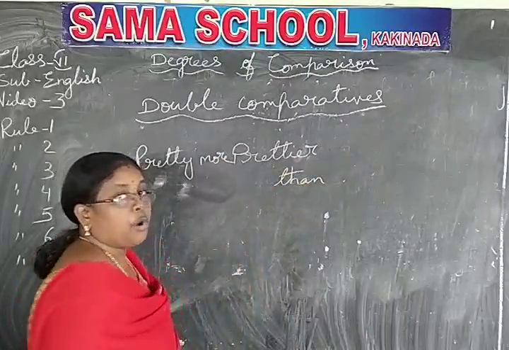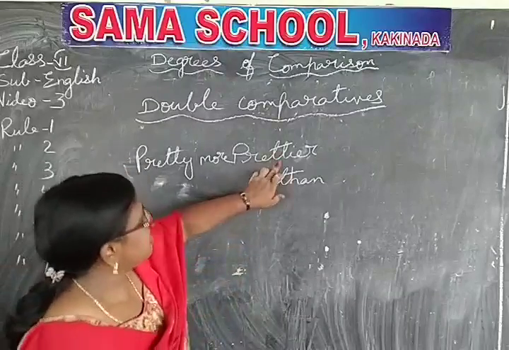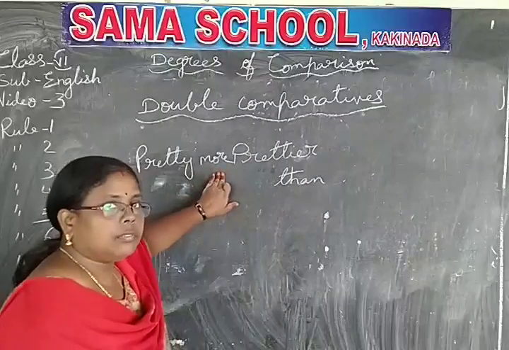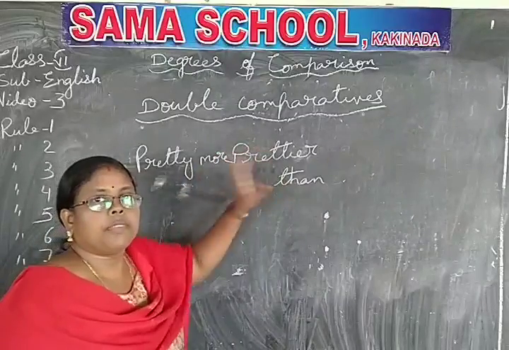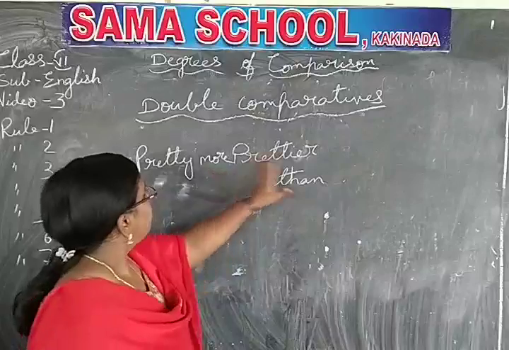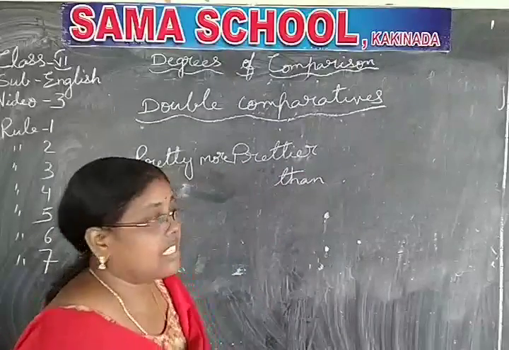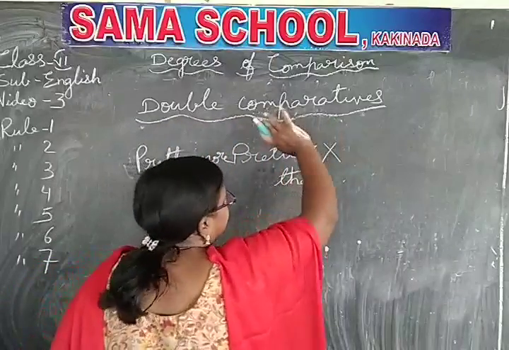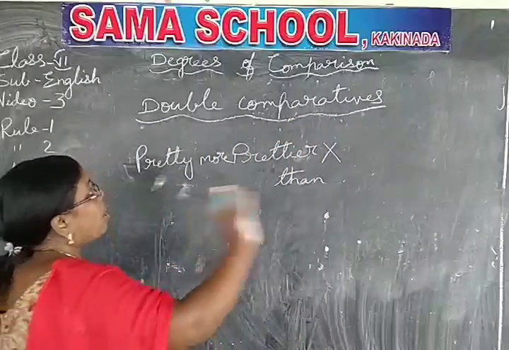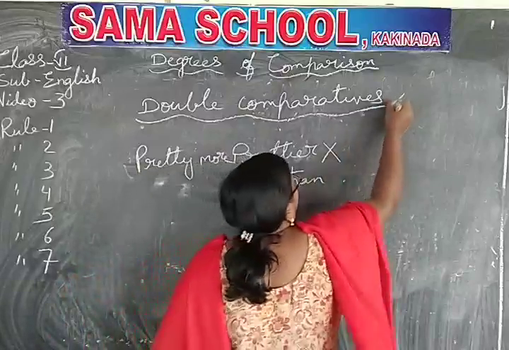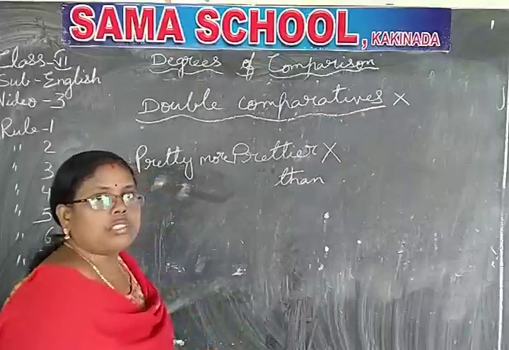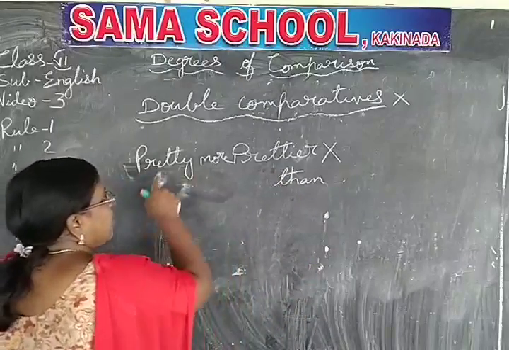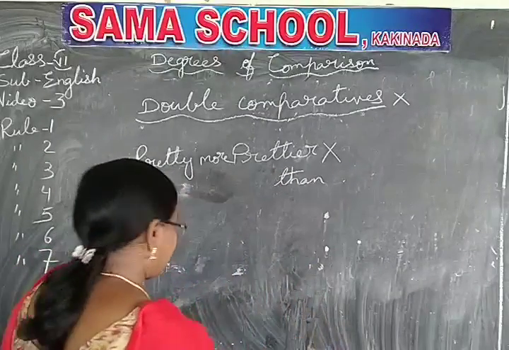Why can't you write more prettier than? Because prettier itself is comparative degree. So how can you make it double? You should not use double comparatives. Pretty, prettier, prettiest. That's all.